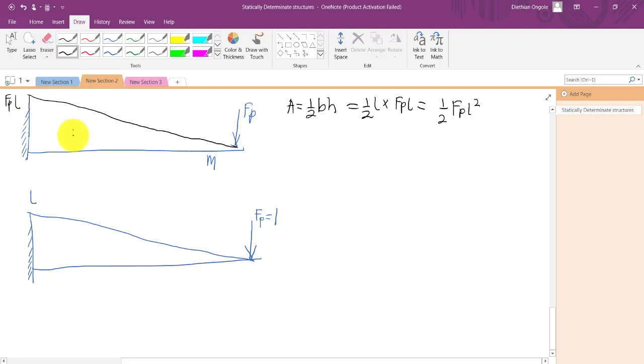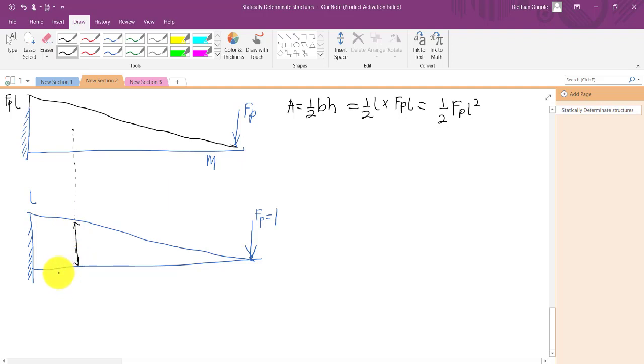We draw a line downwards, and the Y is the distance through the center of gravity from the upper boundary of the structure up to the boundary line of the bending moment diagram. For this shape, it would be this distance here.